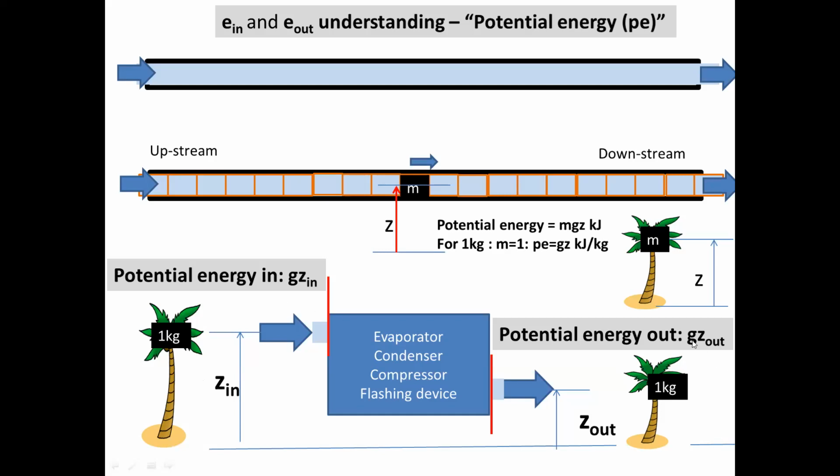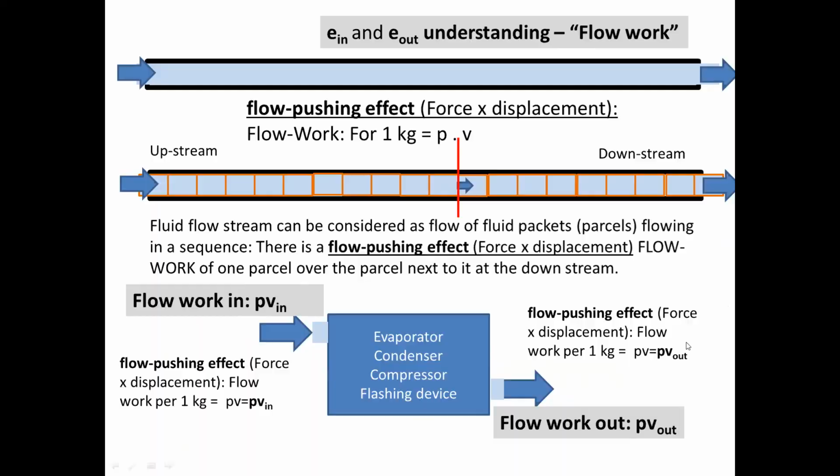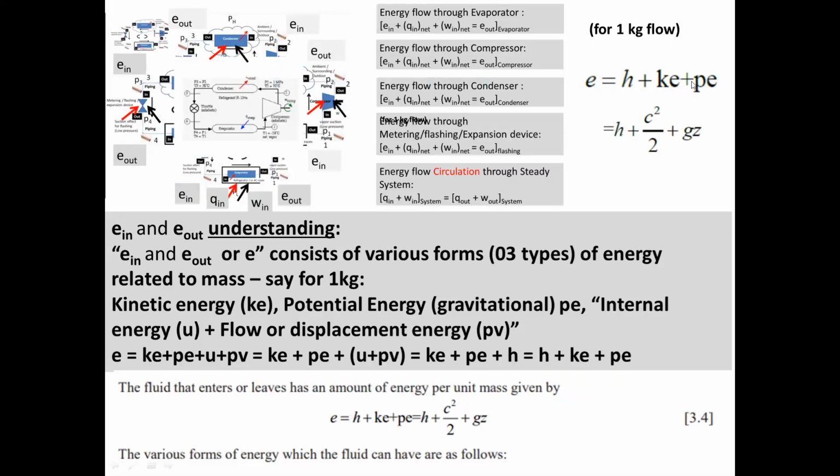GZ in, GZ out, or PE in, PE out. PE is GZ for 1 kg.